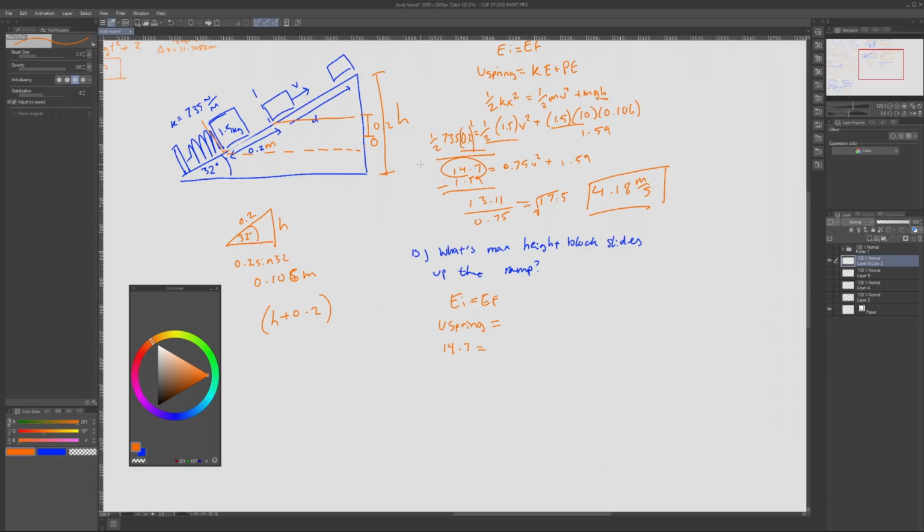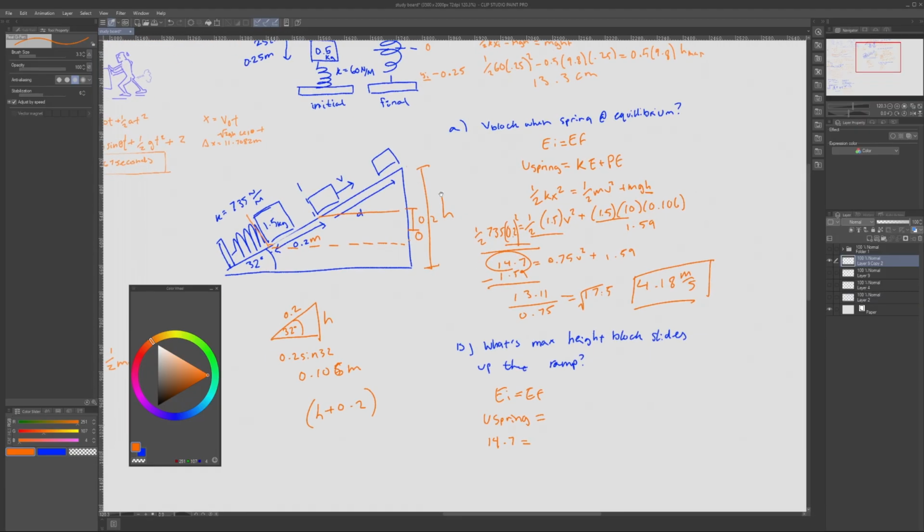Okay, so I need to preface something here. Because we're looking at something at the maximum height, mgh is at the maximum it could be. At this point, all of the kinetic energy has been converted to potential energy, therefore kinetic energy will be 0. So U spring energy will be equal to potential energy only.